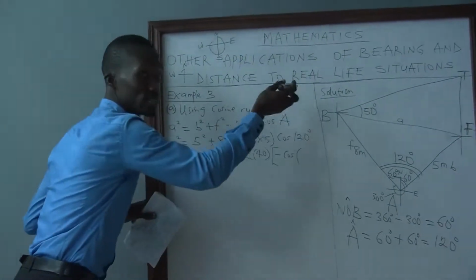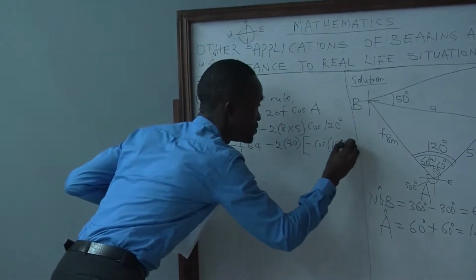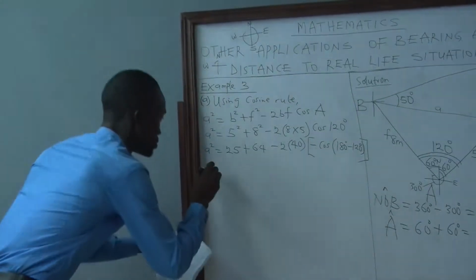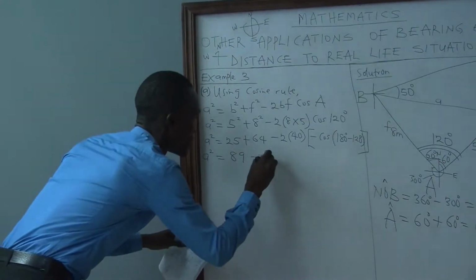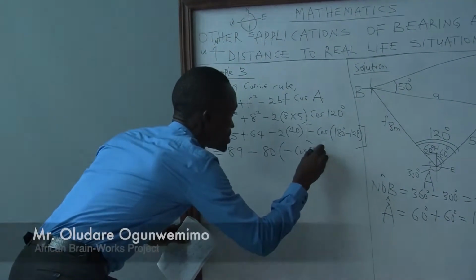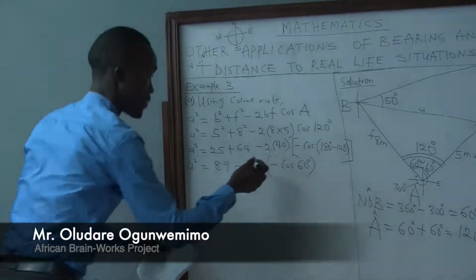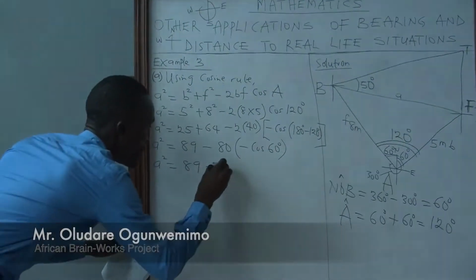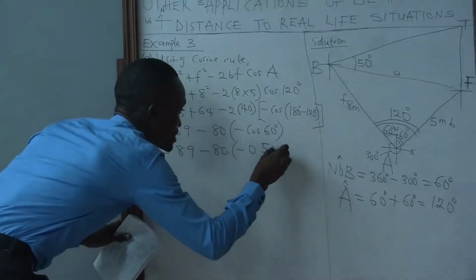Now we express 120 as an angle from the first quadrant. That will be 180 degrees minus 120 degrees. So we have A squared to be 89 minus 80 into minus cos 60 degrees. And if you check our four-figure table for cos 60, we have A squared to be 89 minus 80 into minus 0.5000.